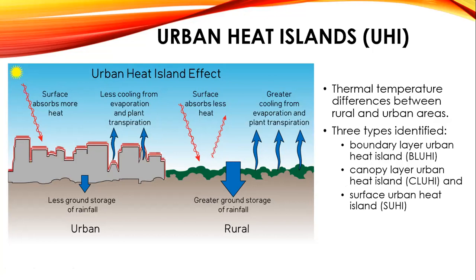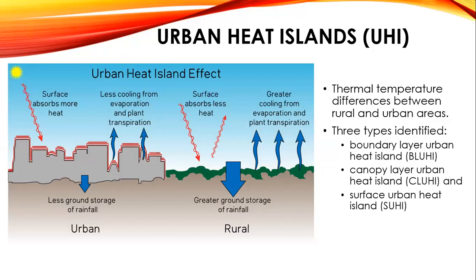The third one is the surface urban heat island, where mostly remote sensing techniques are used, because you don't have to be in direct contact, compared to the canopy layer urban heat island.